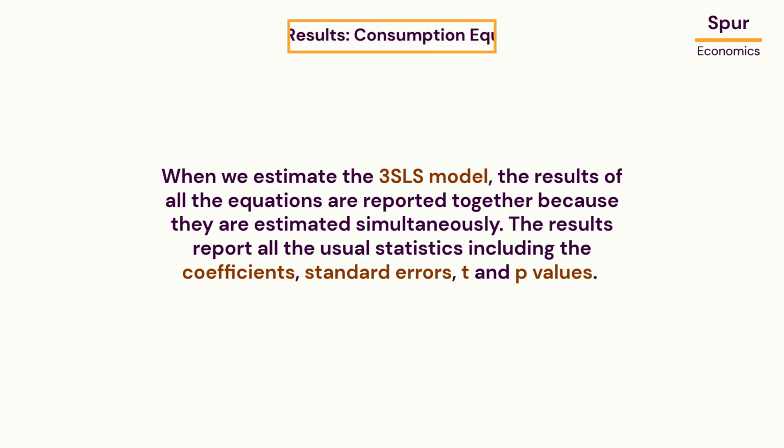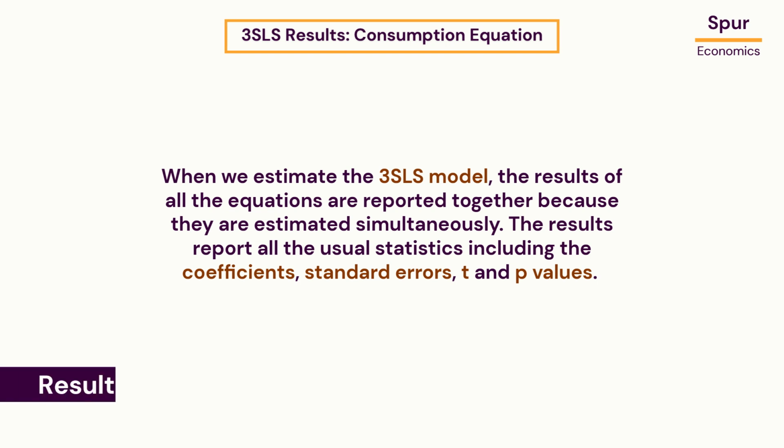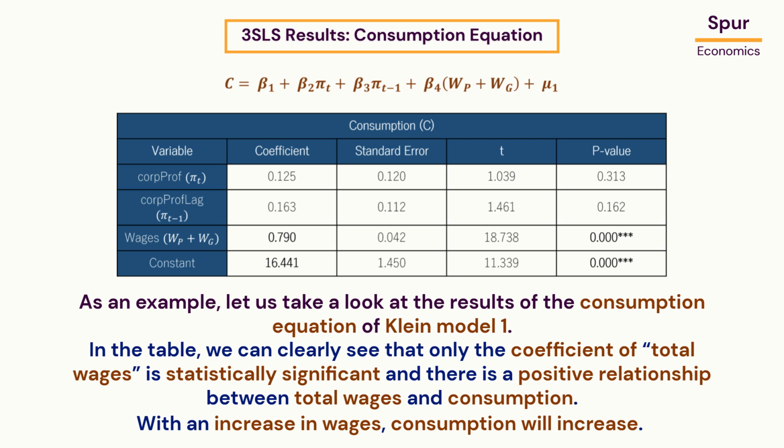When we estimate the 3SLS model, the results of all the equations are reported together because they are estimated simultaneously. The results report all the usual statistics, including the coefficients, standard errors, t and p-values. As an example, let us take a look at the results of the consumption equation of Klein Model 1.